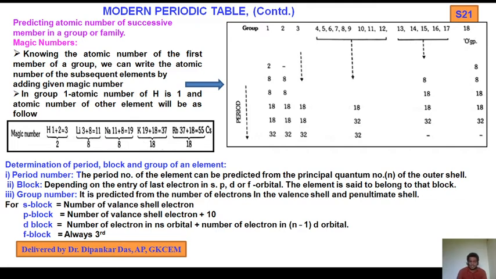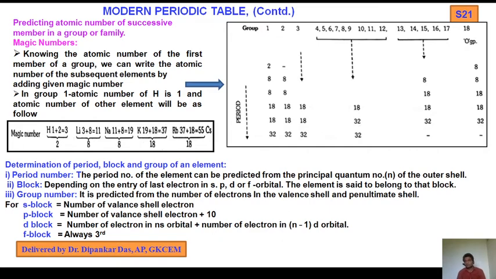S block means the number of electrons present in the outermost shell is the group number. P block means the number of valence shell electrons plus 10. So the number of valence electrons plus 10 is the group number of p block elements.